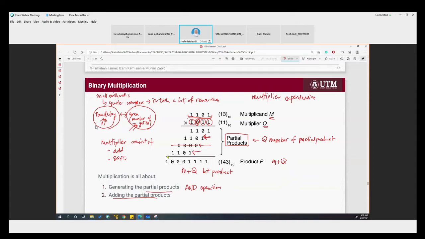That is one way, but most importantly we want to reduce the number of partial products so that the loop to do the add is smaller. Right?